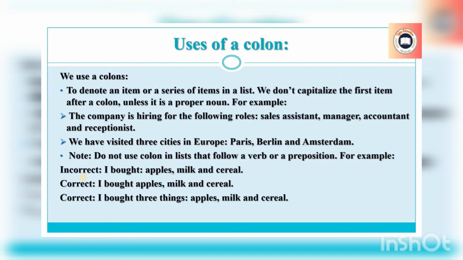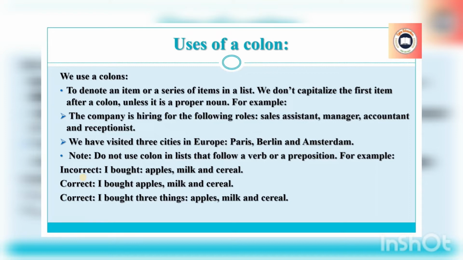So before starting this list, I have used a colon, and while I said in the beginning that we don't capitalize the first letter after the colon, in this case you will see that the word Paris is actually capital, but that's because Paris is a proper noun, and we always capitalize proper nouns when we are talking and writing them in a sentence.